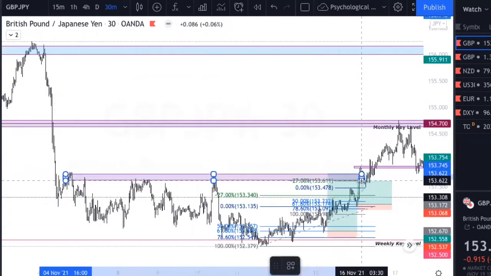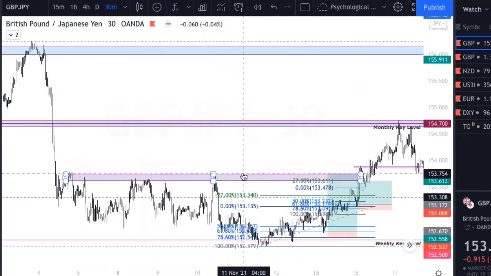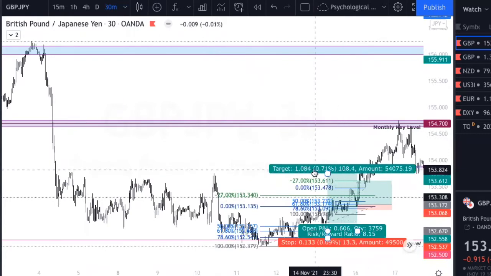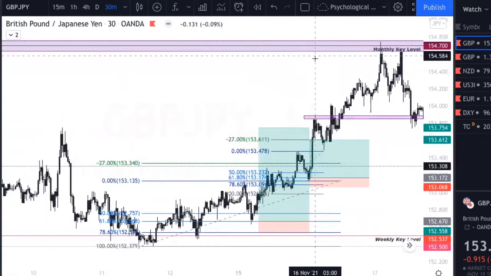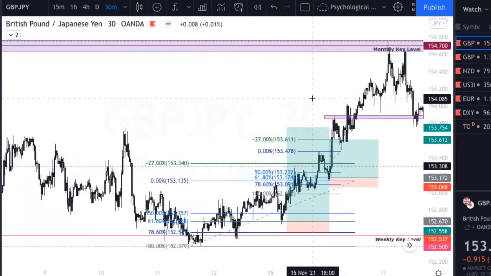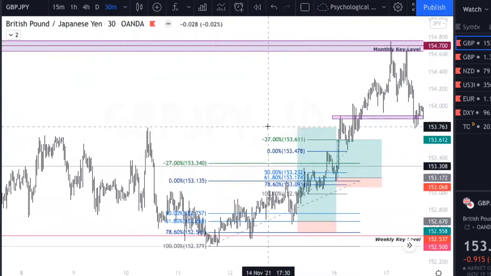We see that there's a lot of traffic in this area, a lot of resistance. So all I was doing was taking my profits, getting in, getting out. That's all that's going on there. Could I have taken it up to structure? Absolutely. Would I have been comfortable with taking it up to structure? Absolutely. But I have my reasons for why I took my profit at the area that I took it at.